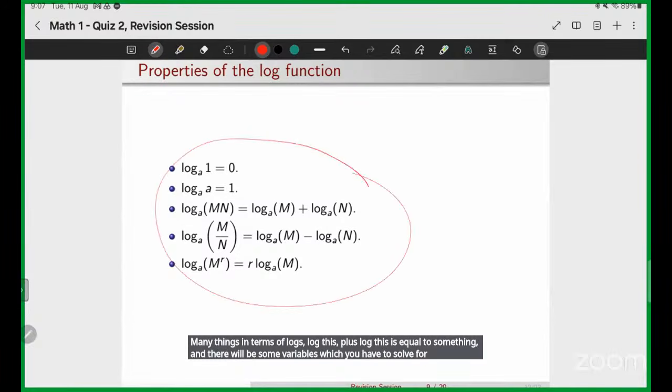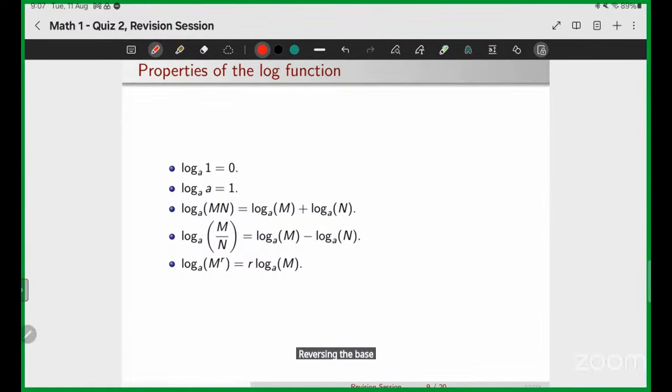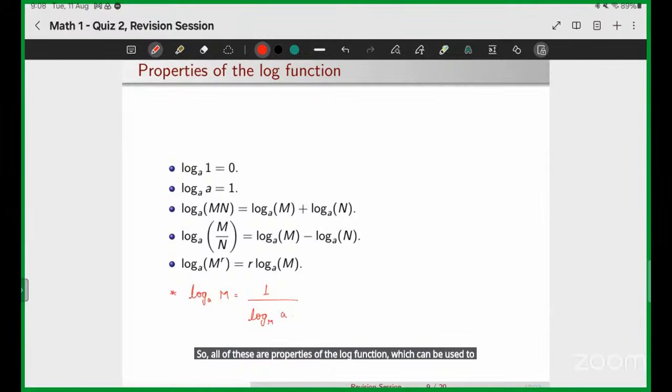I've not written the reversing of the base and the exponent, but I hope you know that also. This is 1 by log of M to the base A. And you can change the base by just taking the ratio. So all of these are properties of the log function, which can be used to solve logarithmic equations.